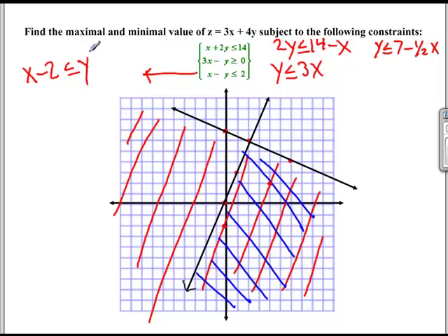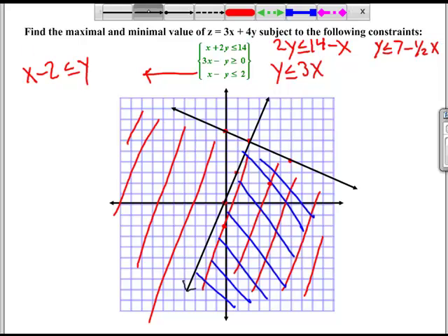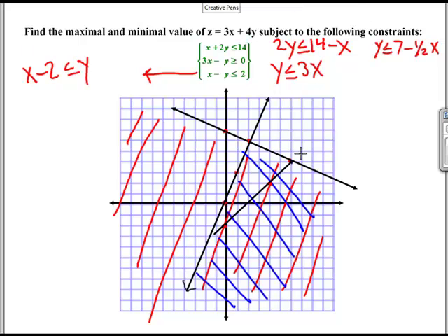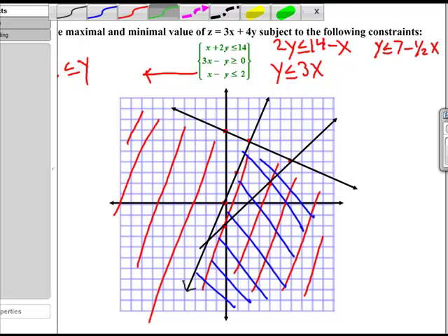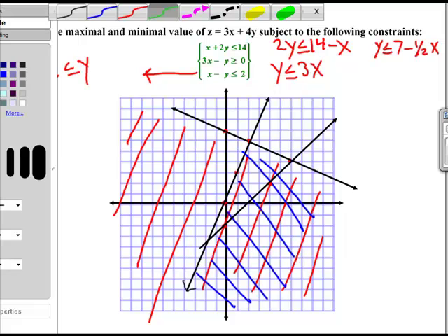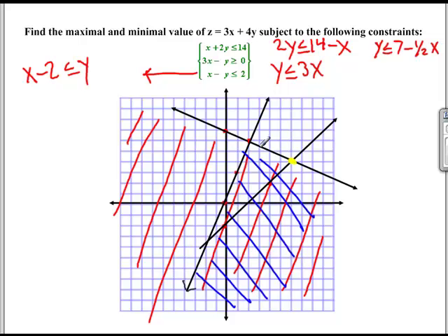Actually crosses right there. So we can already see quickly what our 3 vertices are. We have 1, 2, 3.